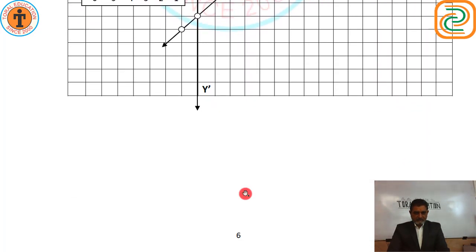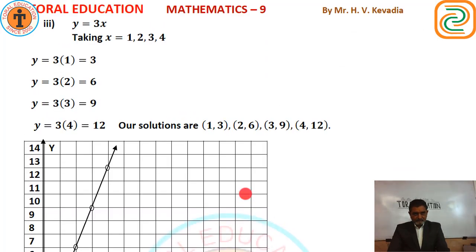Next, sum number 3: y equals 3x. Taking x equals 1, 2, 3, 4, we get y equals 3, 6, 9, 12.